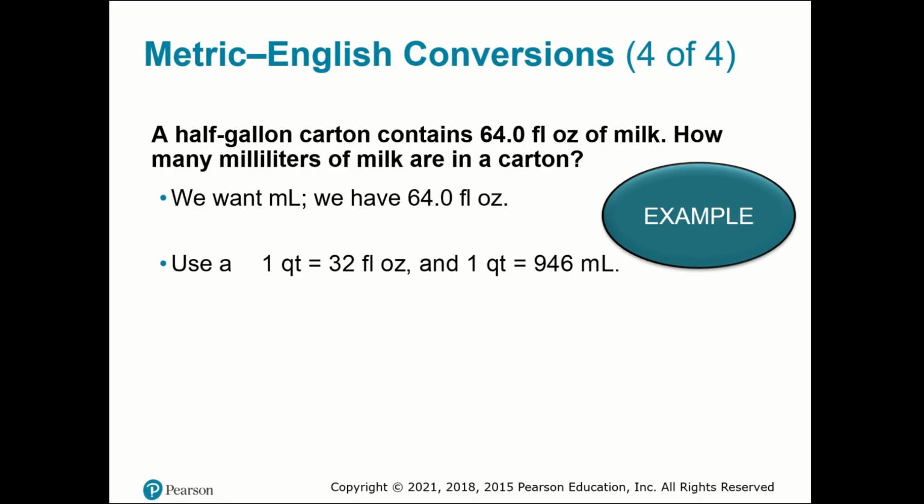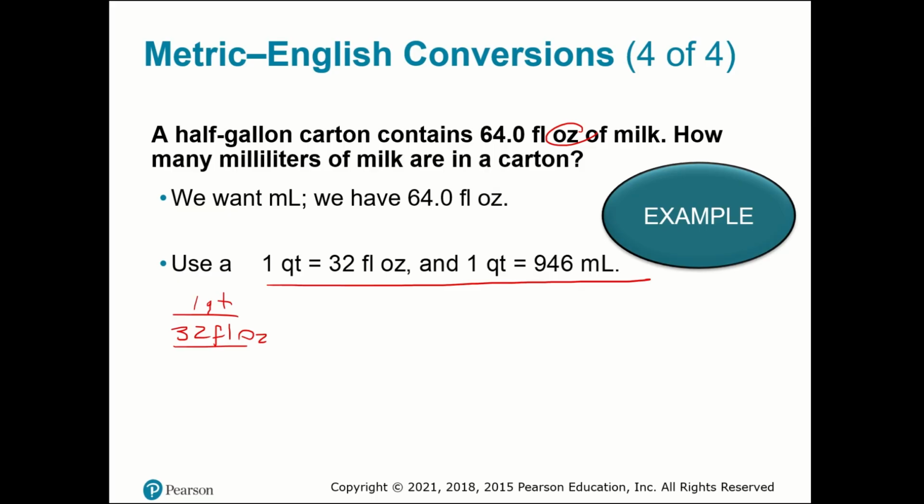So here is another example. A half gallon carton contains 64.0 ounces of milk. How many milliliters of milk? So we are in milliliters, and we have all the information here: 1 quart is 32 ounces, and 1 quart is 946 milliliters. If I have ounces, I'm going to use 1 quart over 32 ounces because I want to cancel the ounces, right?